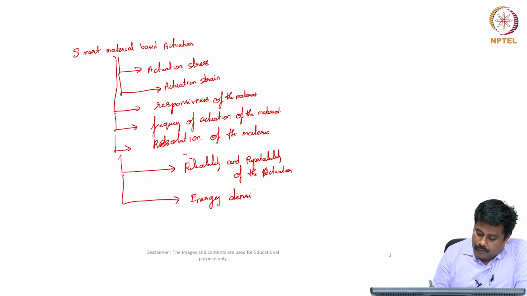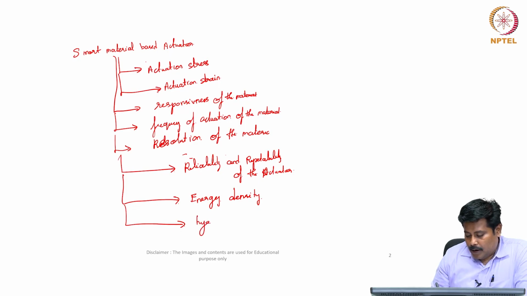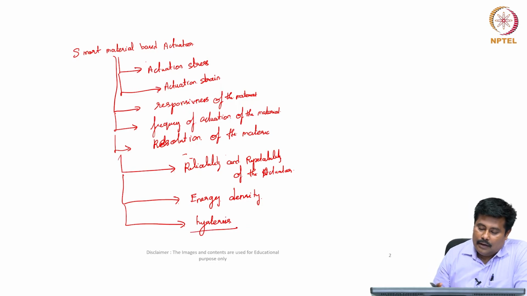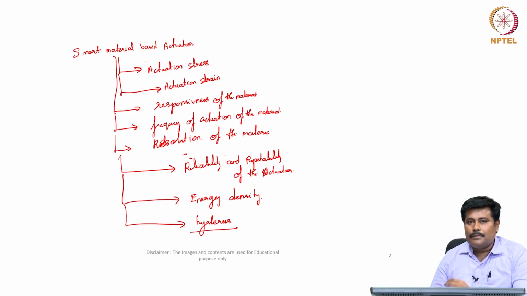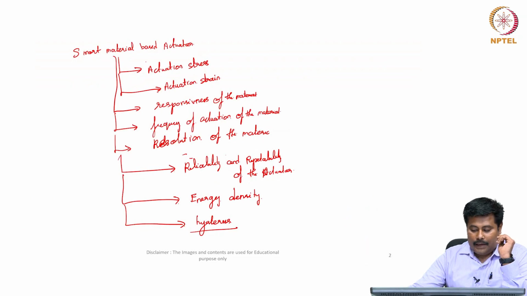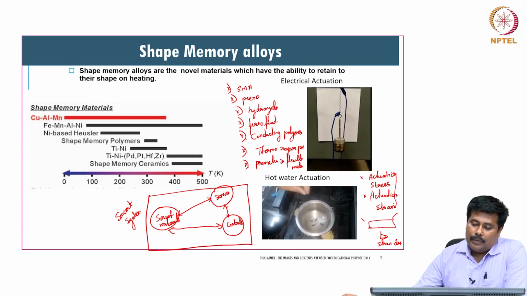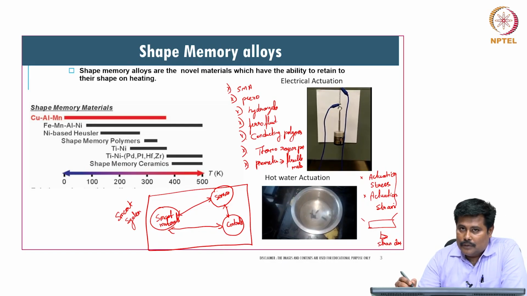In addition to this, there is one more parameter, which is the energy density. Another important parameter is hysteresis. Hysteresis can be considered one of the key parameters which creates an impact on such smart materials, or a deciding parameter with reference to the functionality and applications. Now, let us talk about shape memory alloys. These are materials which are responsive to heat.